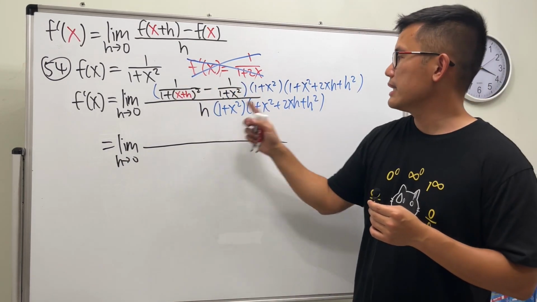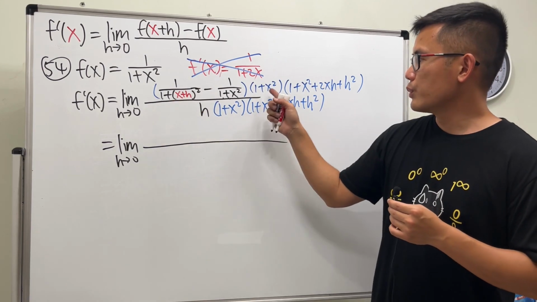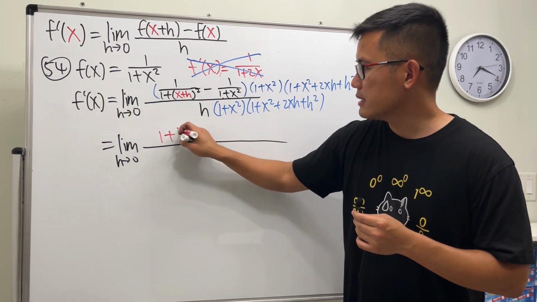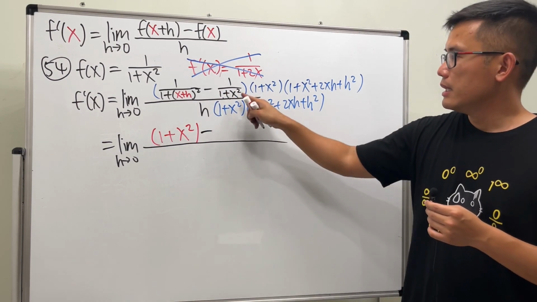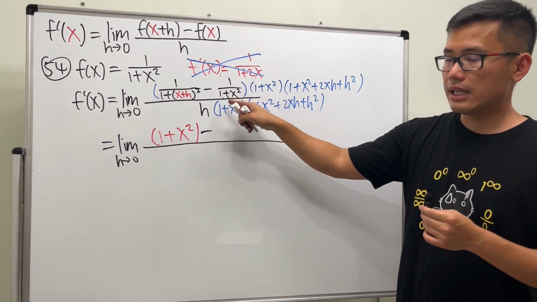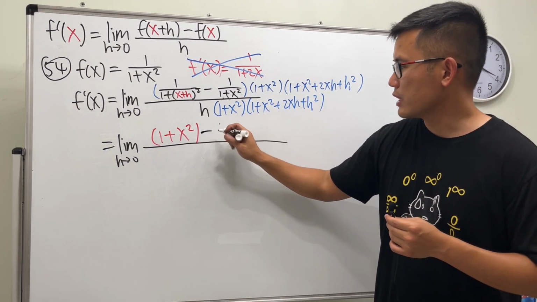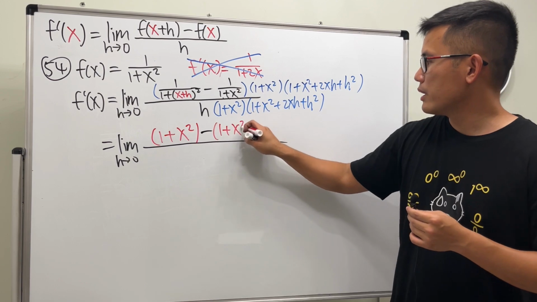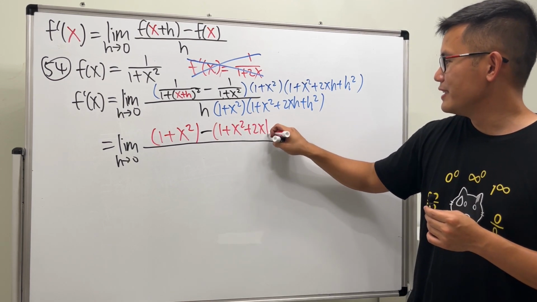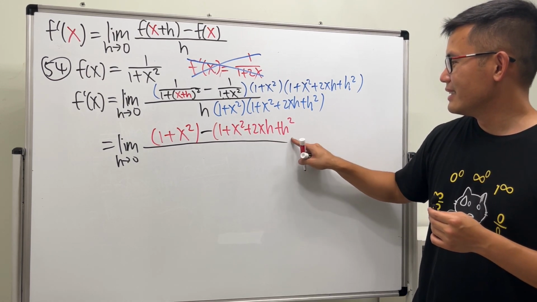Take this times that, this and that cancel, so we have the first part, 1 plus x squared, and then minus. This times that, this and that cancel, so we just have this. So I'm just going to keep it in the parentheses. We get 1 plus x squared plus 2xh plus h squared.